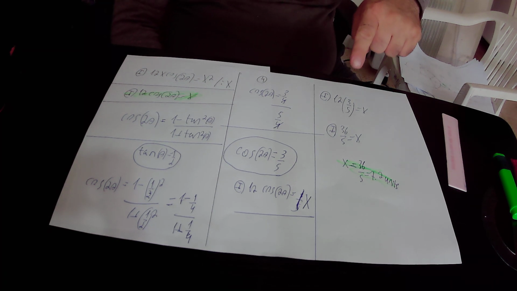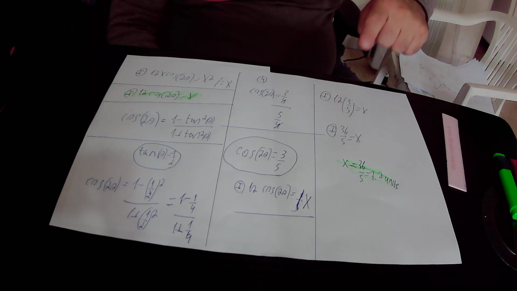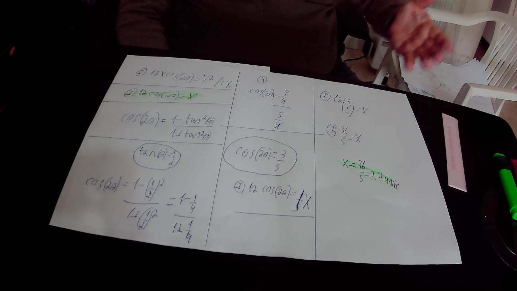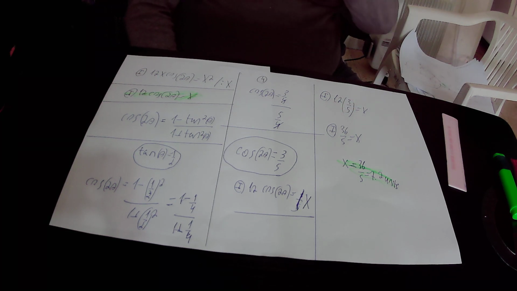Here 12 times 3 is 36, so this expression equals 36 over 5. So x equals 36 over 5, and 36 over 5 is 7.2 units.